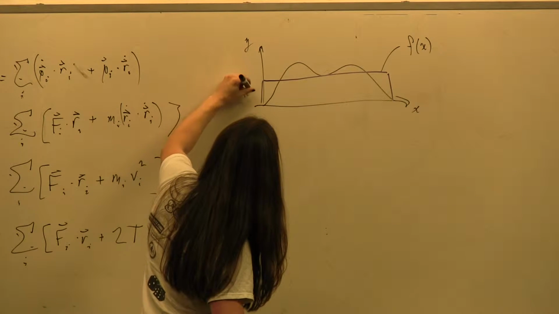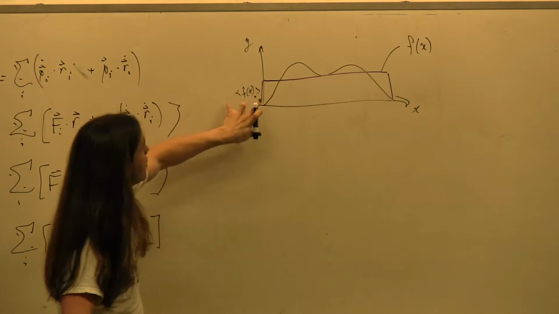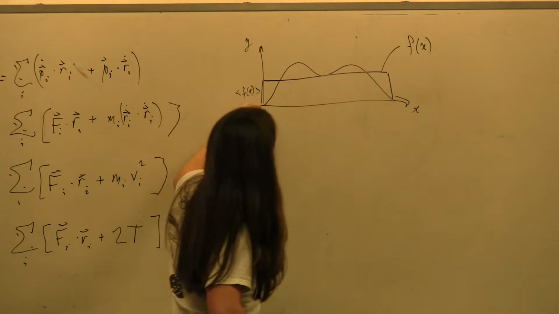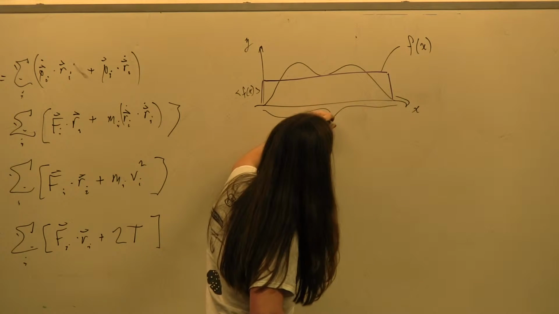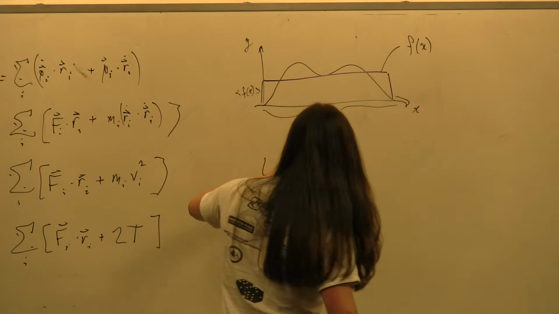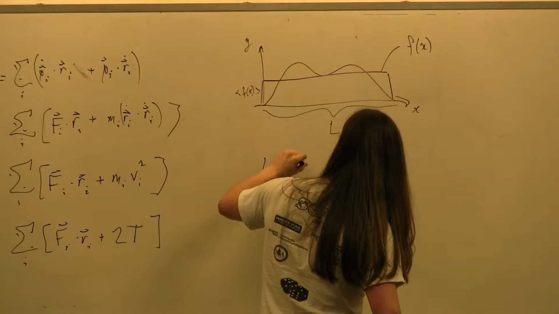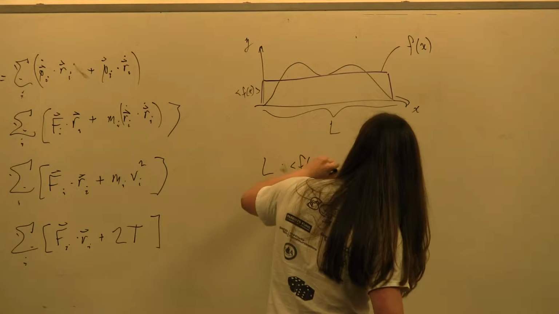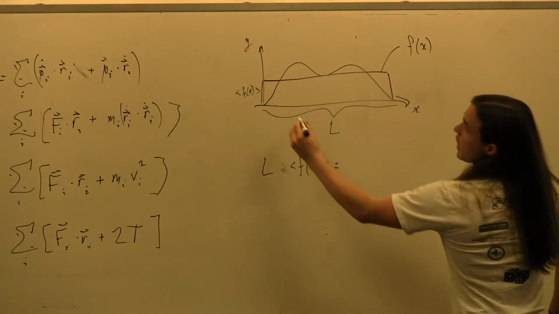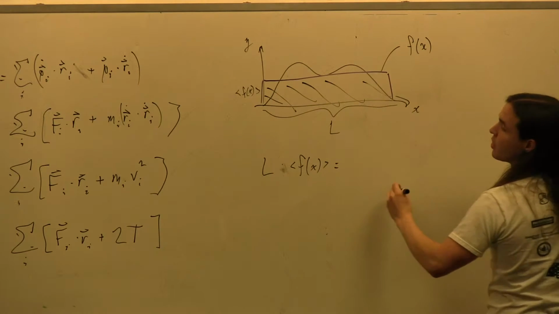We'll name this f of x within these little brackets here. And this distance here is going to be, let's just say, over some range L. Then L times the average value of this region is equal to the area of this region if this were a rectangle of some sort.